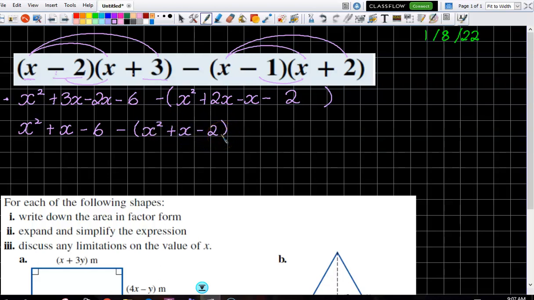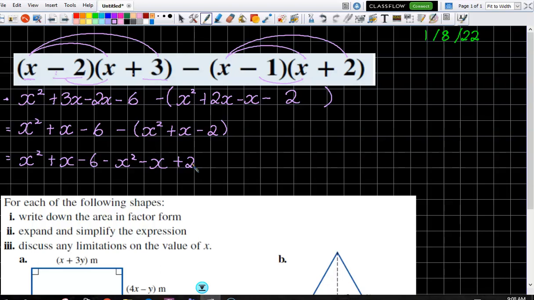And here comes the crunch. It's x squared plus x, take 6, and I'm minusing all of this. So it's minus x squared. It's minus, right? What's a negative and a positive? A negative. What's a negative and a negative? Positive. Now, if you didn't have those brackets there, you wouldn't have had these changed signs, and you would have got the question wrong.